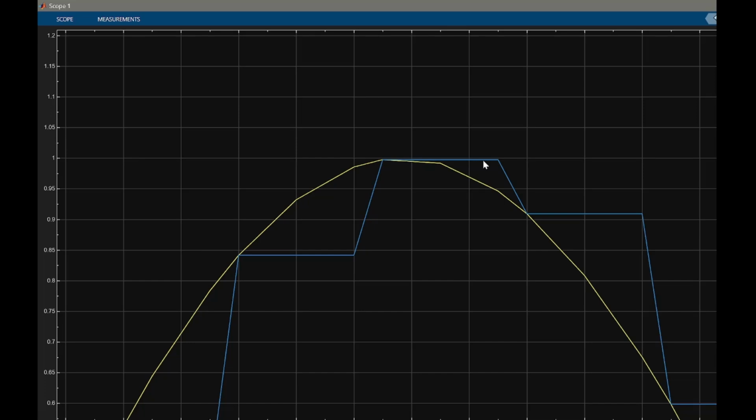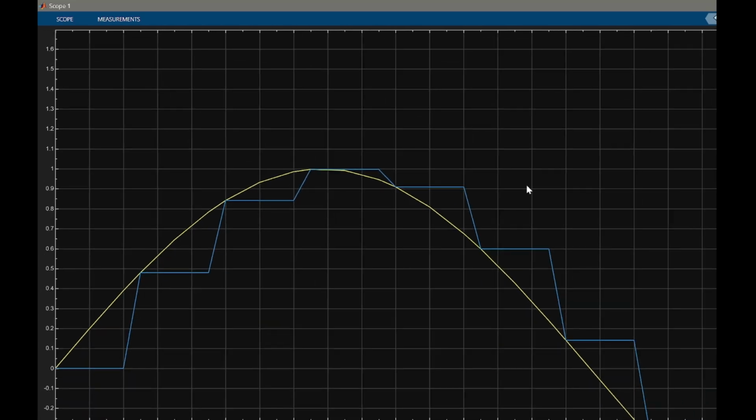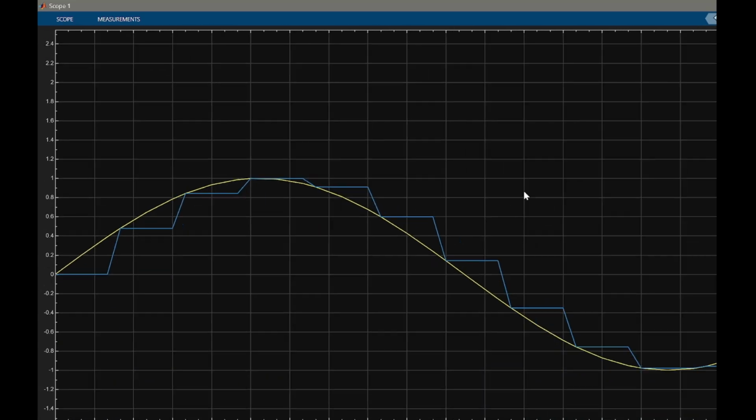This happens because the block is still holding the previous sampled value, and it won't update until the next sampling instant happens.